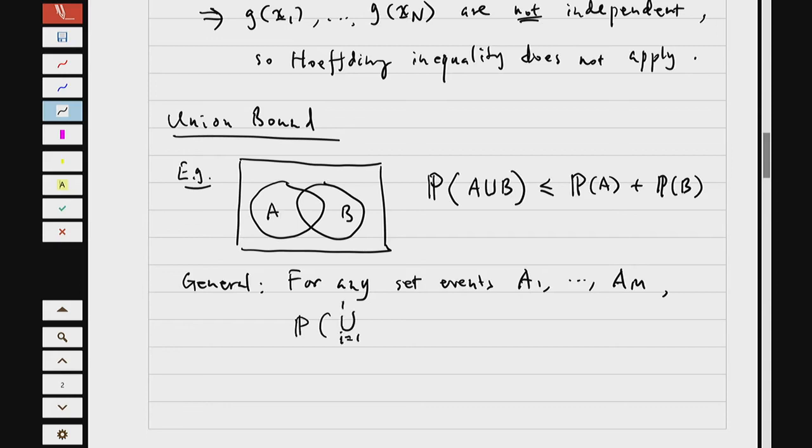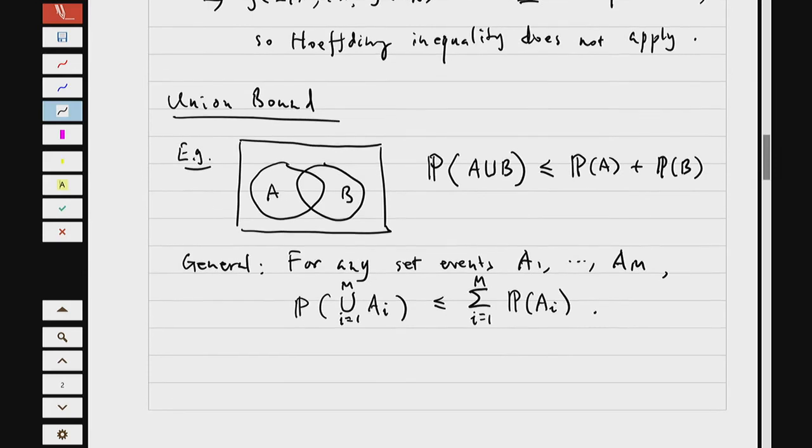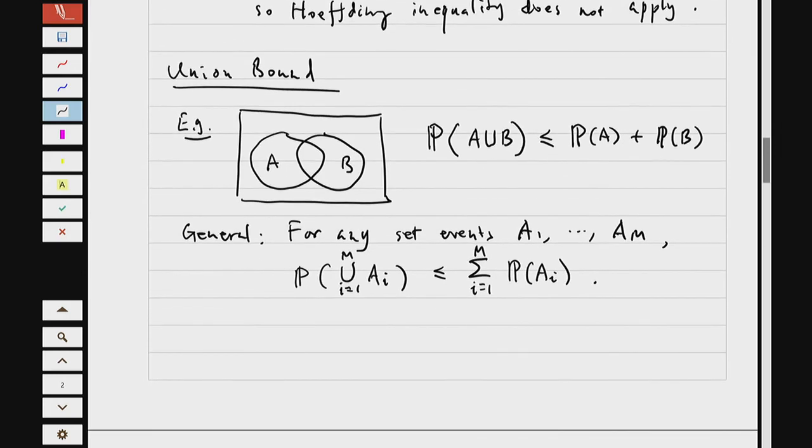So the probability of the union over i from 1 to m of Ai is less than or equal to the sum from 1 to m of the probability of Ai. That's the famous union bound. It's one of the most fundamental theorems in probability.